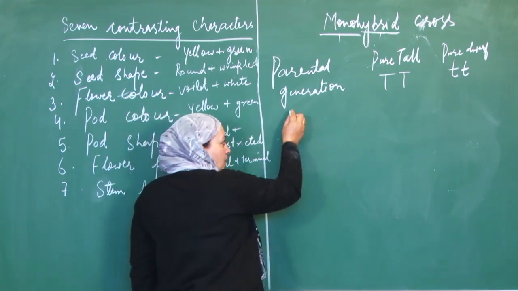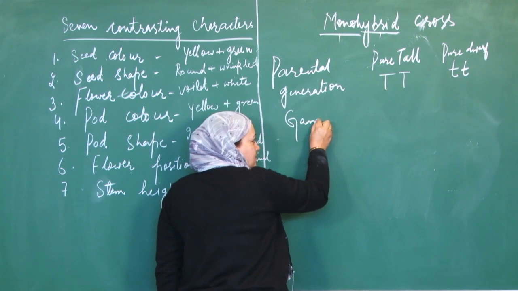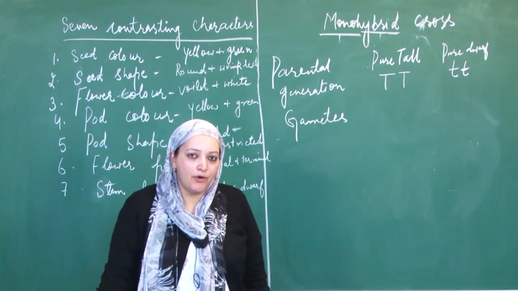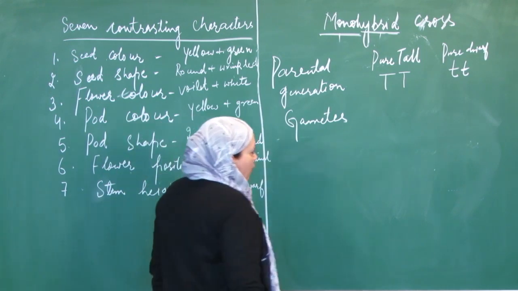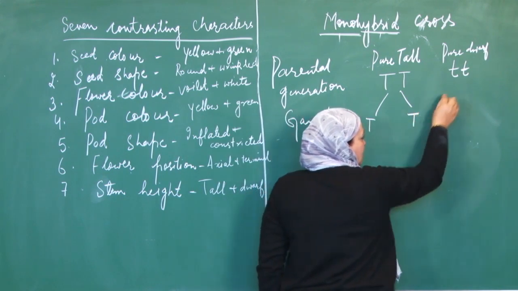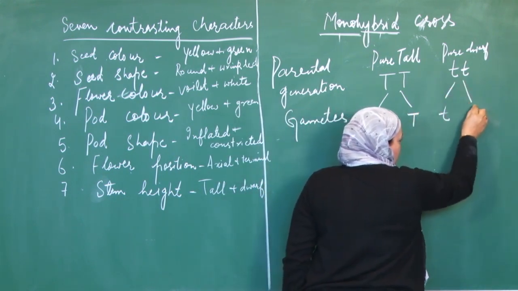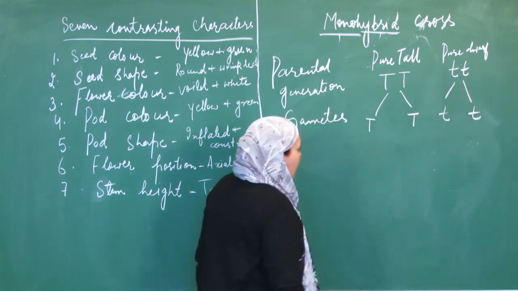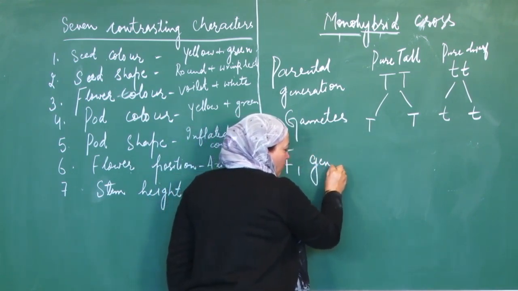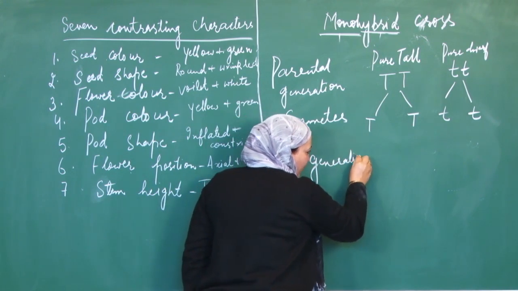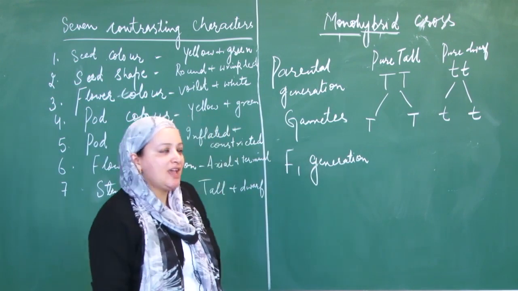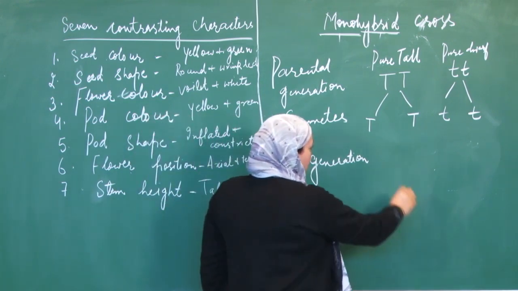Now, what were the gametes? As you know, gametes have half the number of chromosomes. So what will be the gametes? These were the gametes which were produced. Now, F1 generation, as already explained to you, what is F1 generation? The first filial generation, or the F1 progeny, or the young ones which are produced.